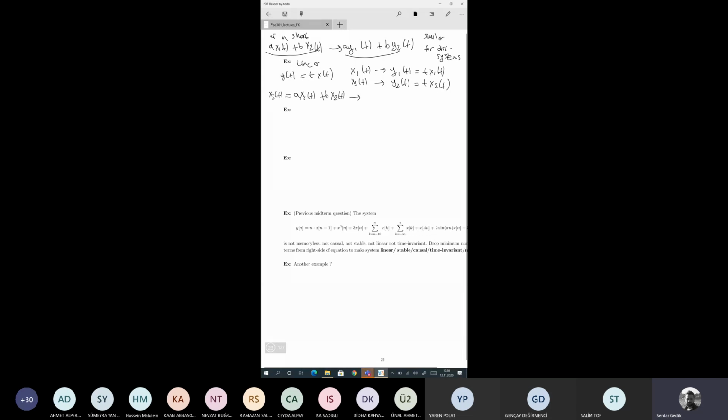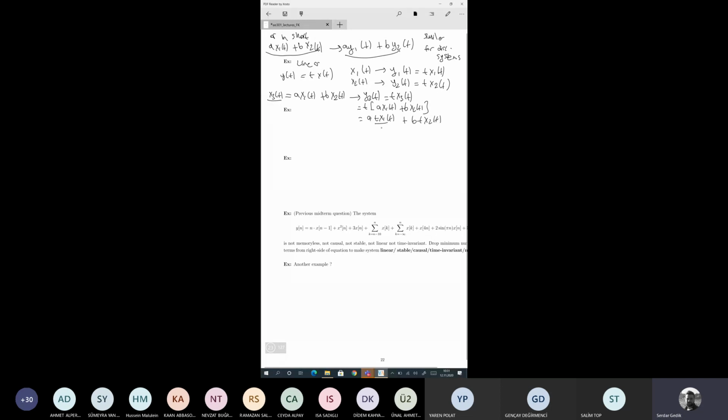So if x3 of t is at the input, I have y3 of t at the output, and it is equal to t times x3 of t. If I write a x1 of t plus b x2 of t, then this is equal to a times t x1 of t plus b times t x2 of t.